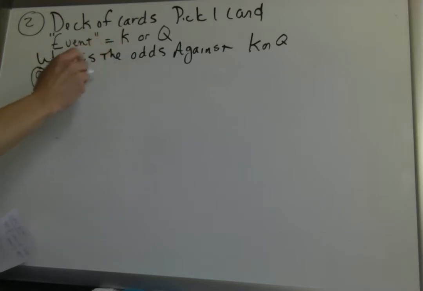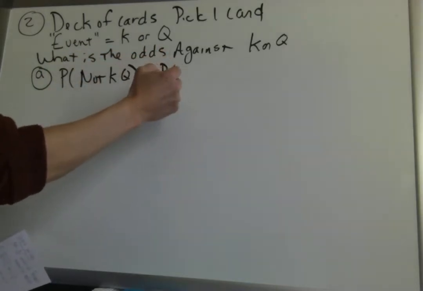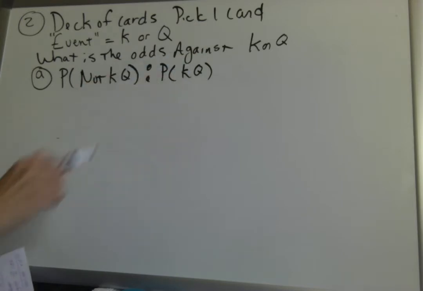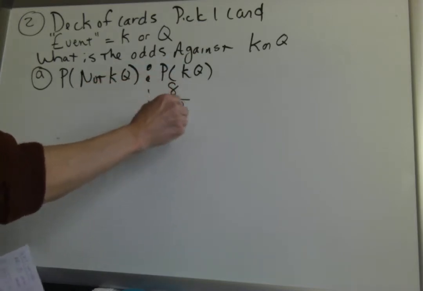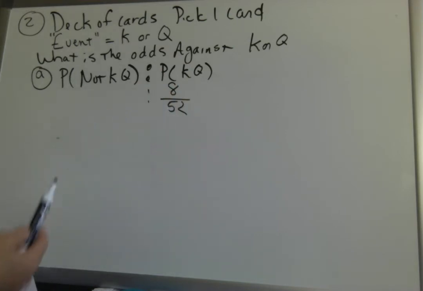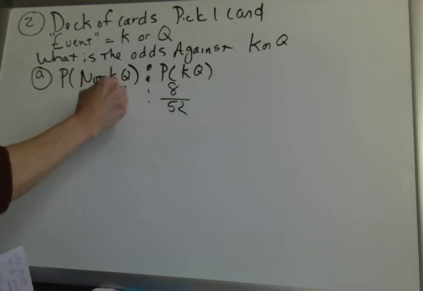So against, we want to put the not king, queen probability first, colon, then the probability of getting a king or queen. There are 4 kings and 4 queens out of 52 cards. So I know that that is 8 out of 52. So that means 52 minus 8. The other 44 cards are not kings or queens.